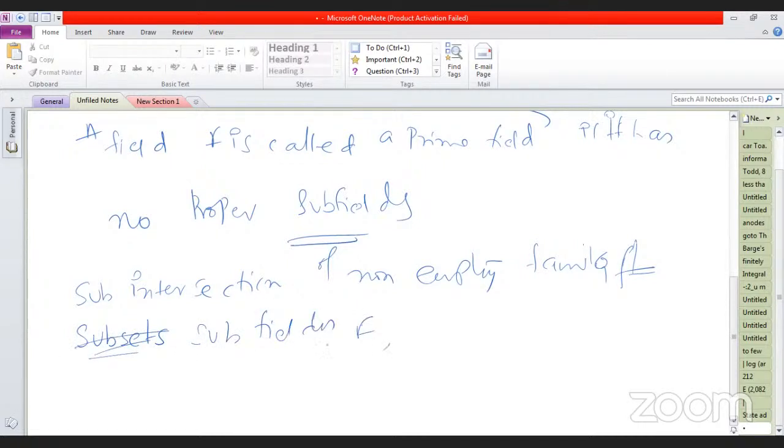Therefore, for the given field F, the intersection of all subfields of F becomes a prime field, which is a subfield of F. We can take that. This is the definition; you can also study the prime fields and the existence of prime fields.